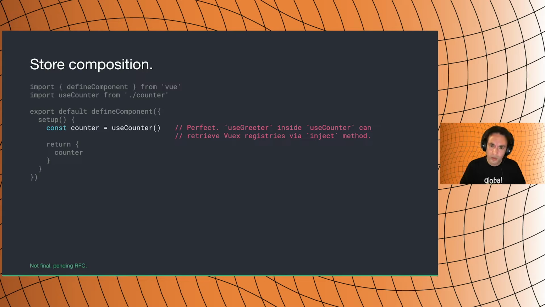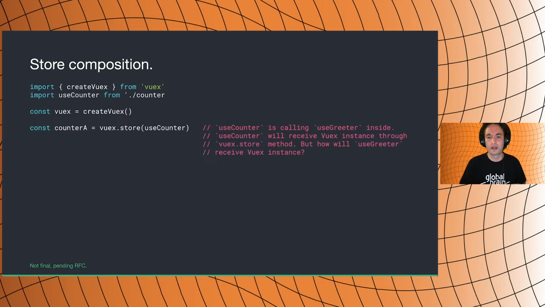But what if we want to call useCounter outside of Vue, like this? Again, remember, useCounter is calling useGreeter under the hood. Now, useCounter is being called through the vuex.store method. So useCounter had no problem accessing the Vuex instance, as I explained earlier.